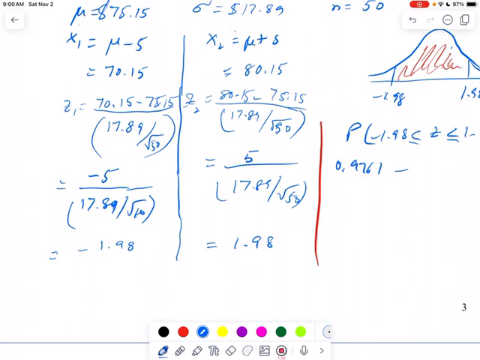Okay, so that's what I got for 1.98. Now I'm going to look at negative 1.9, so it is giving me 0.0239.